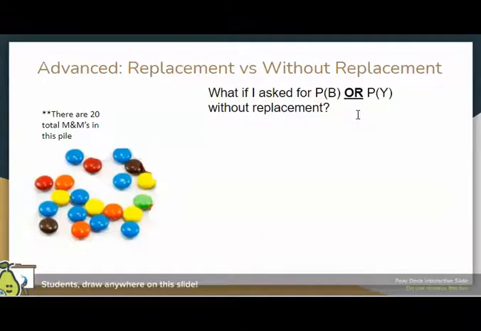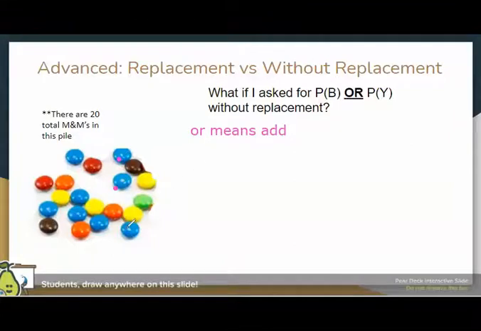So what if I ask for the probability of B or Y? So now we have OR, and OR means add. So OR means add. So that's important for what we're about to do. All right, we want the probability of blue.